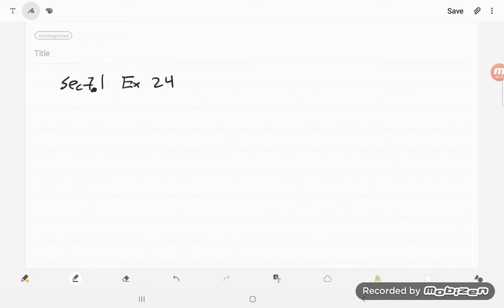So here's 24, and we're told that f of x is equal to the cube root of x minus 1, and g of x is x minus 1. Well, okay, we could graph these, and sure, I can do that, but then we can go look at Desmos to kind of see how we did.